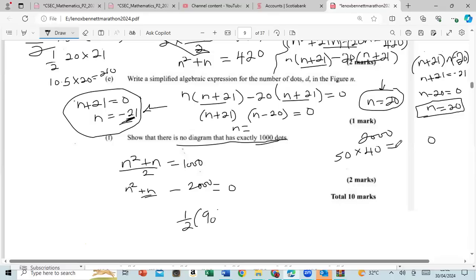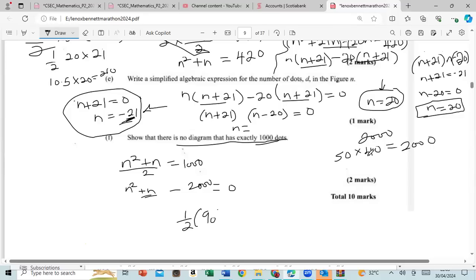So I'll take the average between them. The product is supposed to be about 2,000, and then the difference, it probably couldn't work.